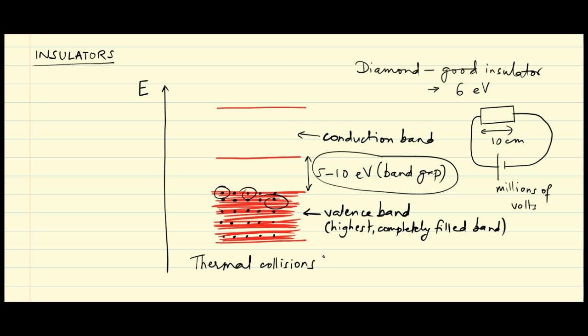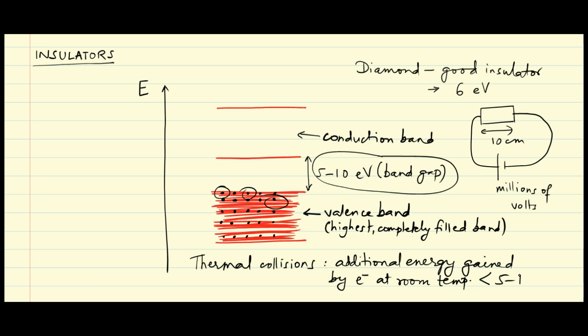However, in practice, the additional energy which is gained by an electron due to such thermal collisions at room temperature is usually much smaller than the 5 to 10 electron volts band gap which is present in an insulator. Hence we see that at room temperature an insulator cannot become a good conductor of electricity even by the mechanism of thermal collisions.